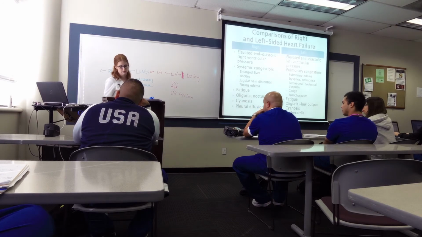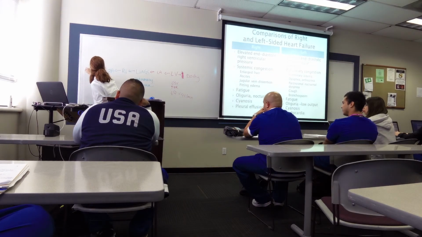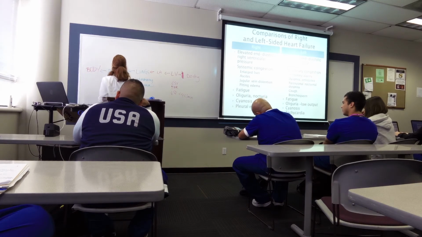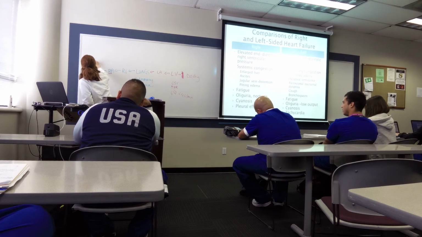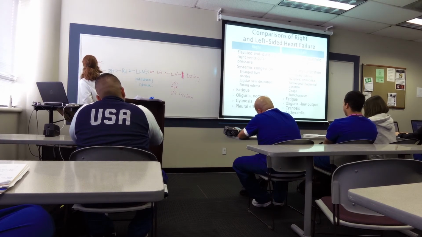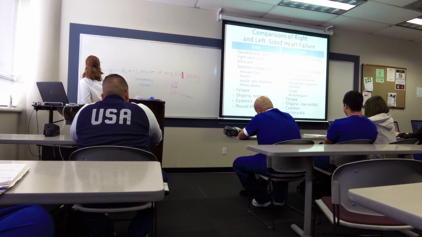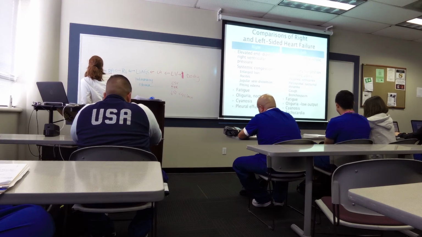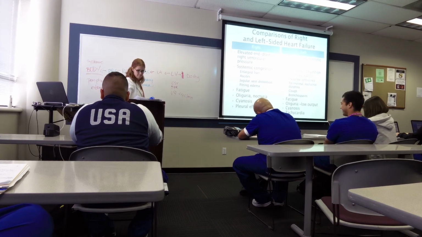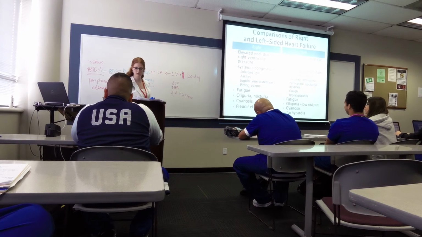Into the body. So signs and symptoms of right-sided heart failure are systemic. And we're going to have peripheral edema. And this is going to be edema all over the body.